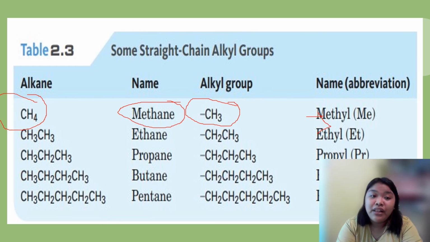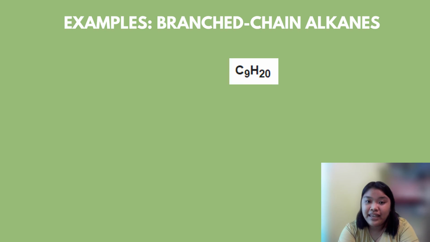So, removal of a hydrogen atom from the N carbon of any N alkane gives the series of N alkyl groups. So, again guys ha, alkyl group, ito yung nasabi sa step 2. Alkyl group is a partial structure after the removal of one hydrogen from an alkane. Next, example branch chain alkane.